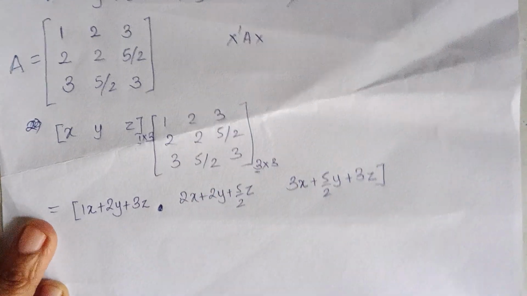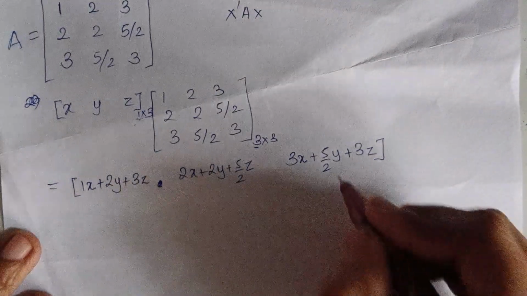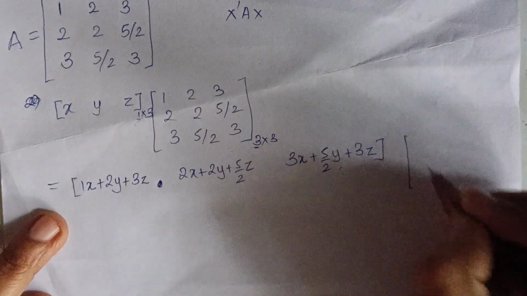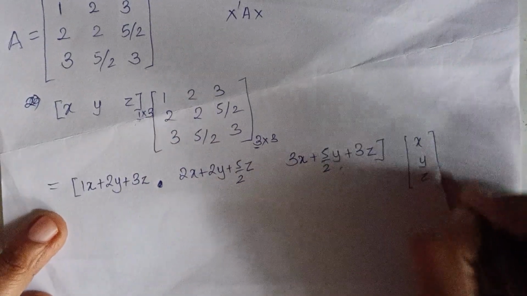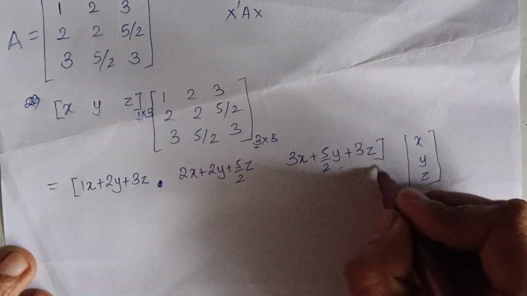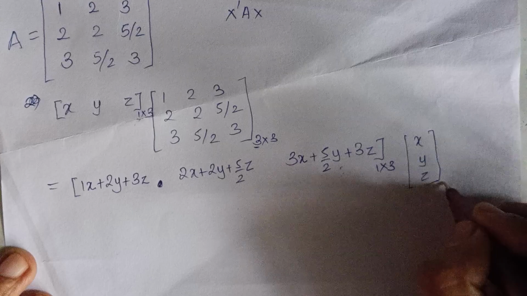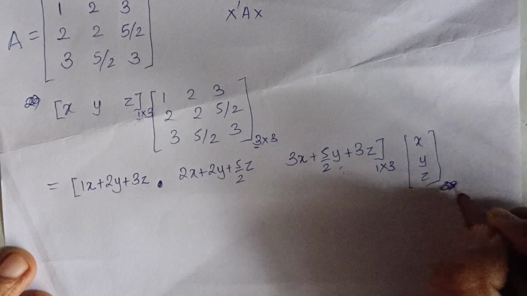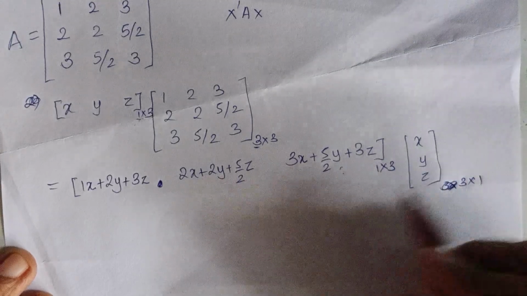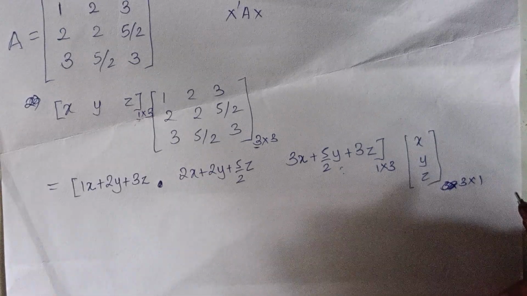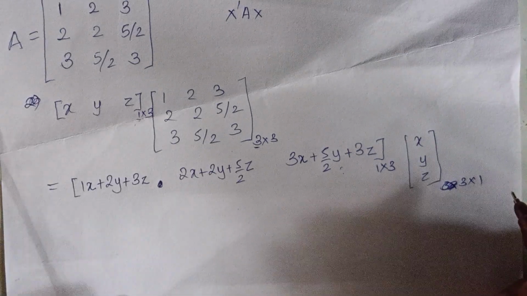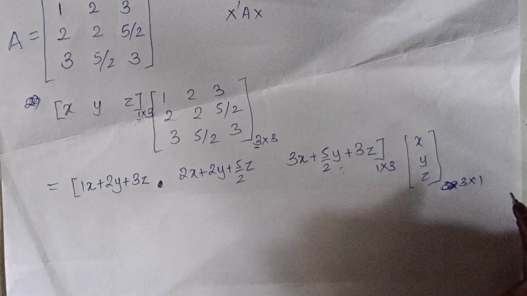Then you have to multiply this matrix by the column matrix. So this is 1 by 3, and this is 3 by 1. So you'll get a 1 by 1, that is, you'll get it in the quadratic form.